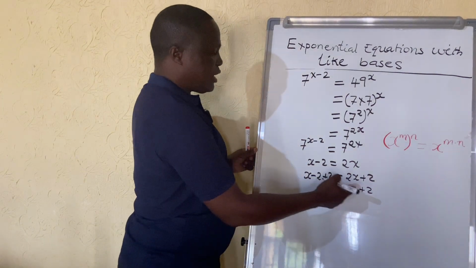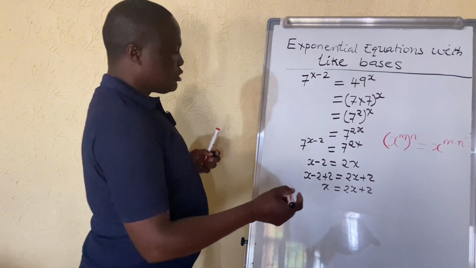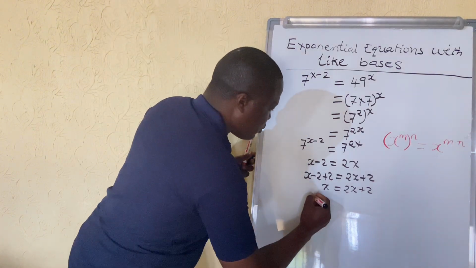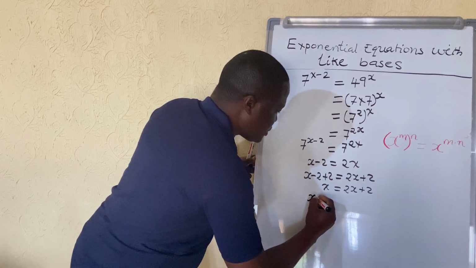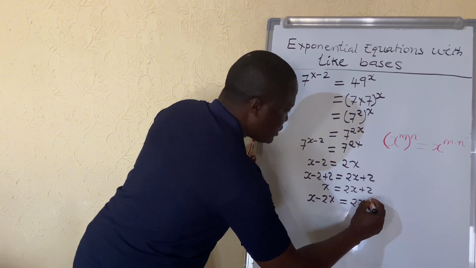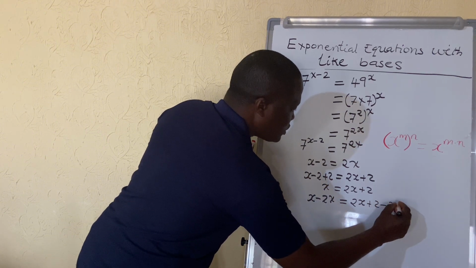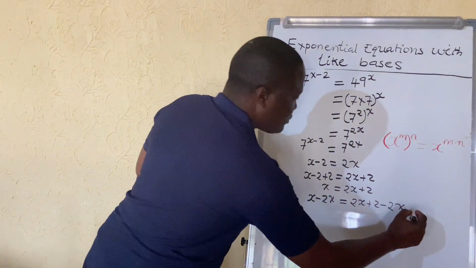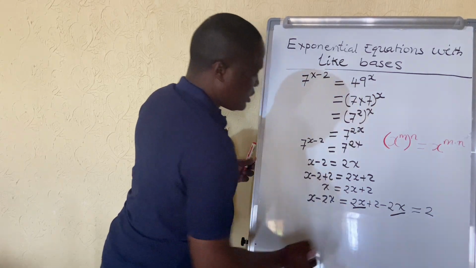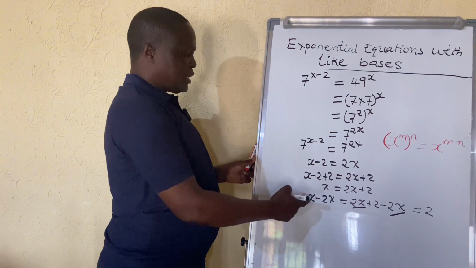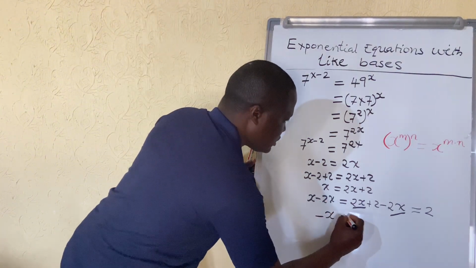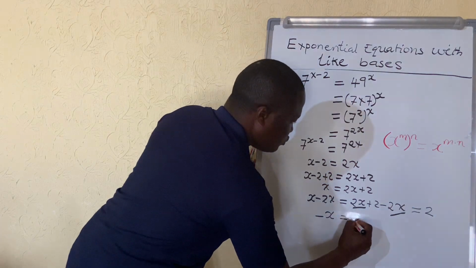But again, we still have x on the right hand side here. So we subtract 2x from both sides. So we have that x minus 2x is equal to 2x plus 2 minus 2x. This gives us 2, since 2x minus 2x is 0. And here on the left hand side, x minus 2x gives us minus x, and that is equal to 2.